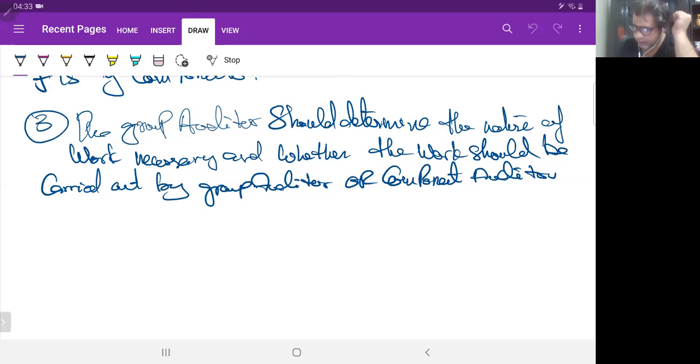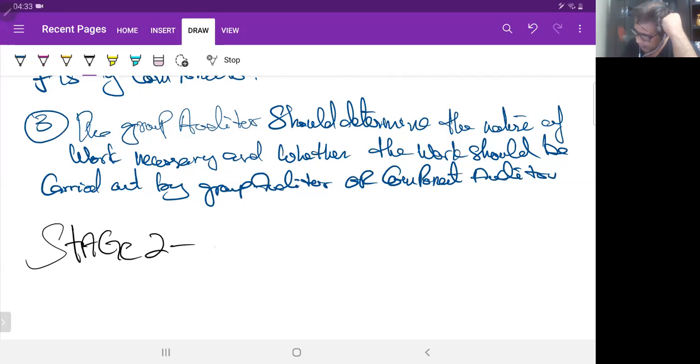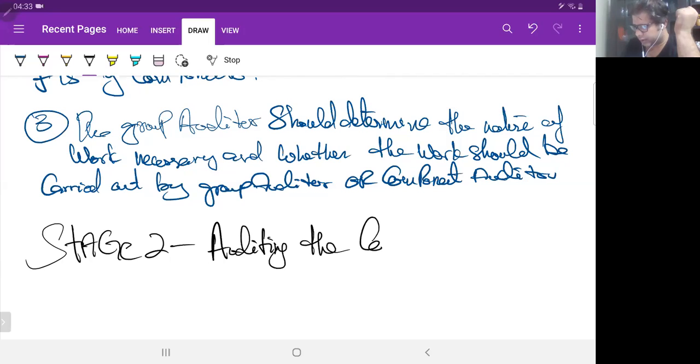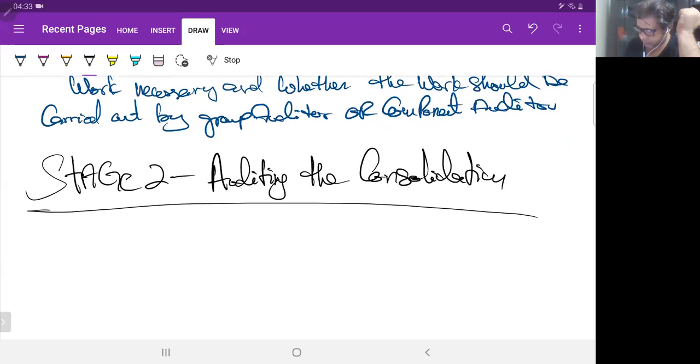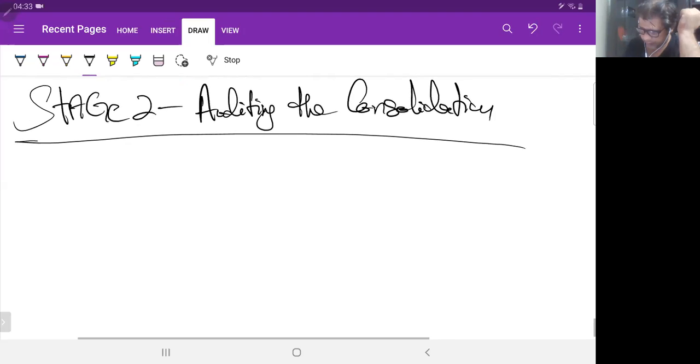And here comes our stage two, that is auditing the consolidation, right? That is our consolidation process.